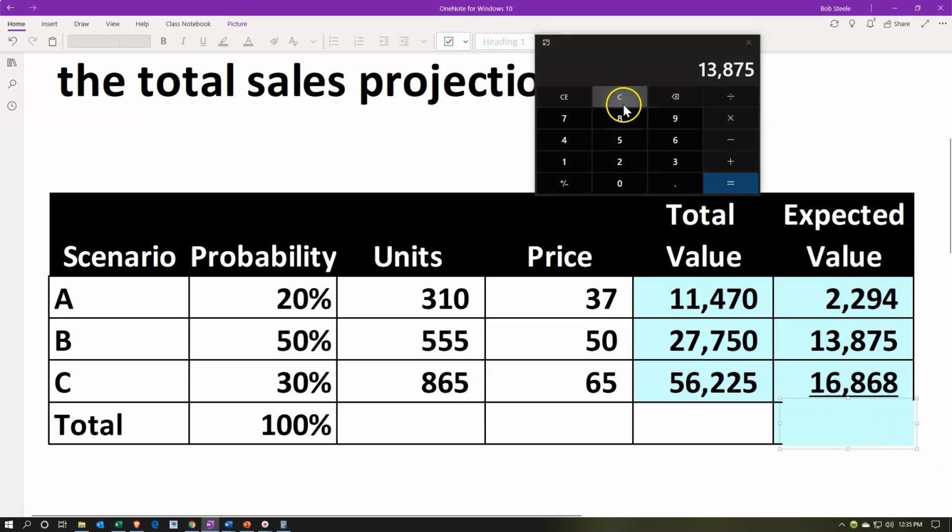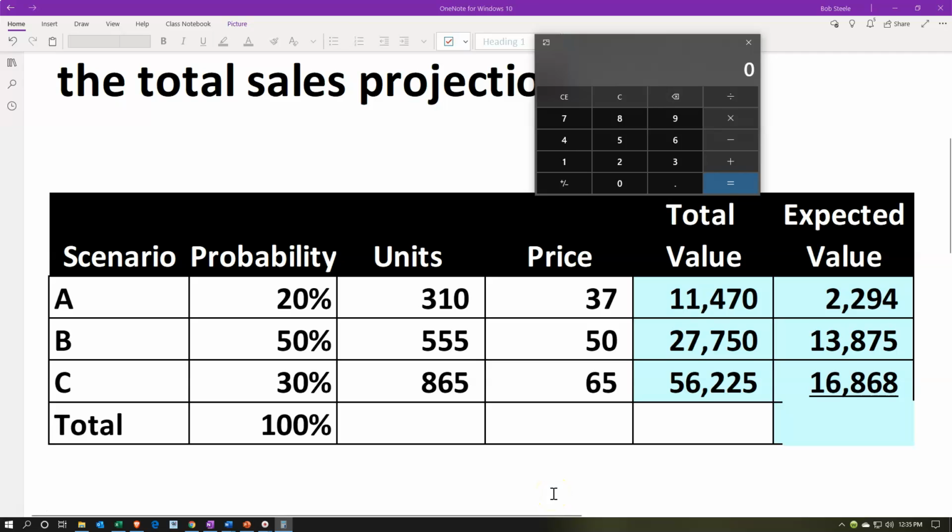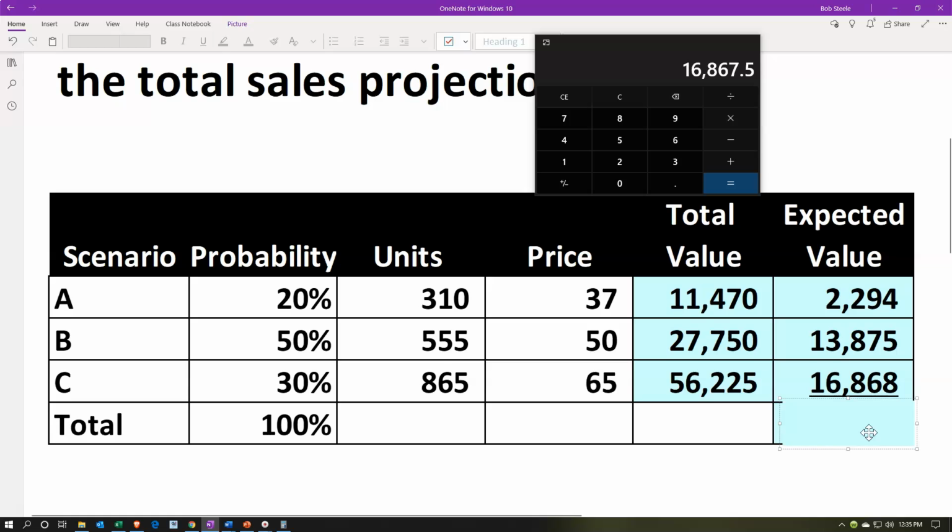And finally for C, we would have the 56,225 times the probability of 0.3, our expected probability, which is 16,868.